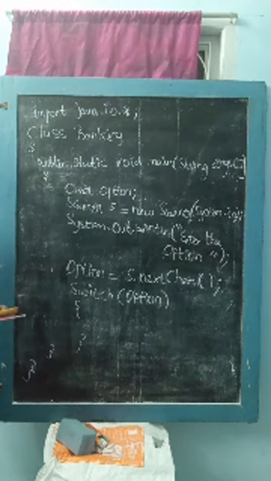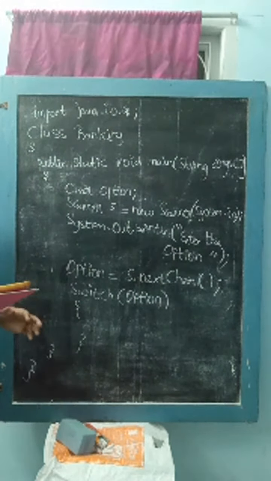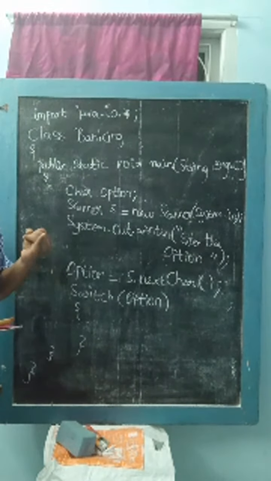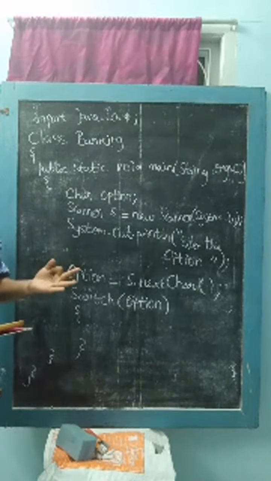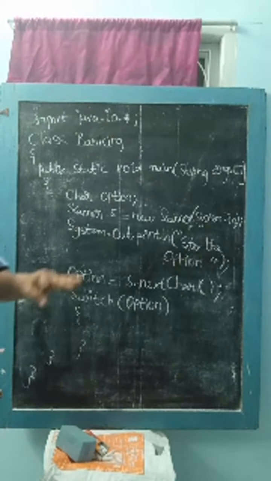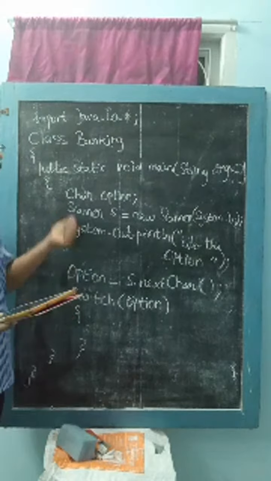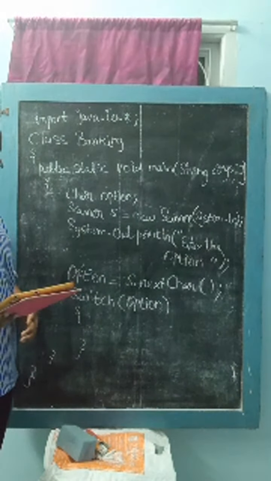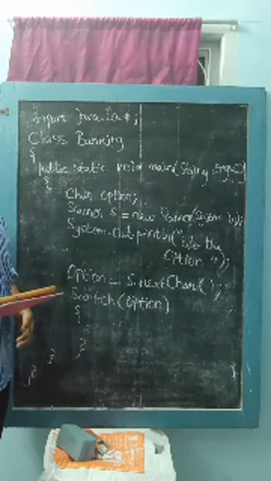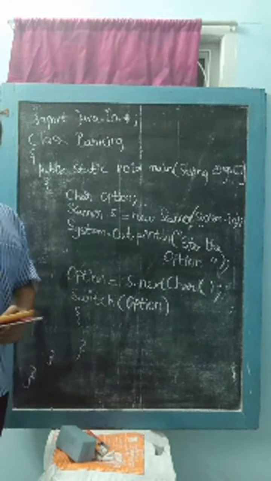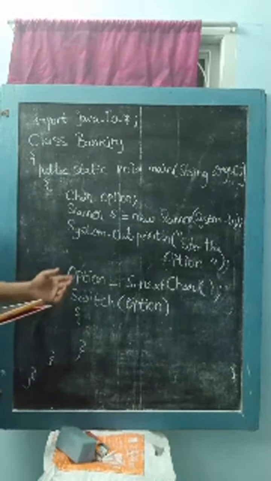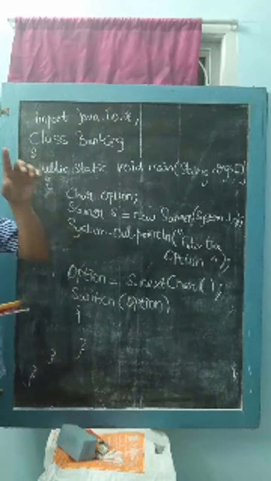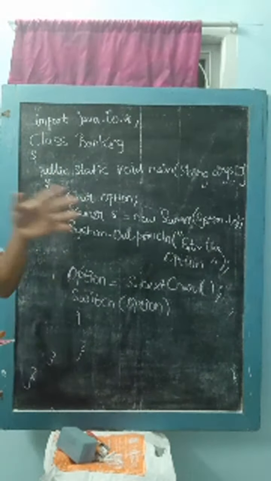So, till now we saw the conditional control structures: simple if statement, if else statement, nested if statement, nested if else statement, else if ladder, and finally the switch case statement. So now I am going to give an example assignment to you today.